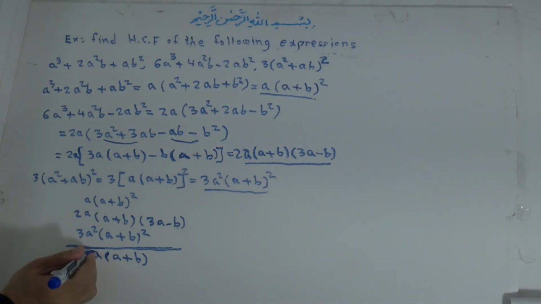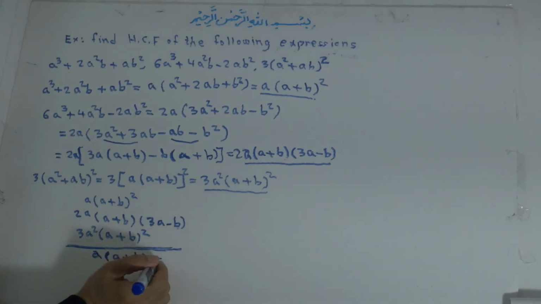The only thing common is a and a plus b. It means that the HCF or highest common factor is a times a plus b.